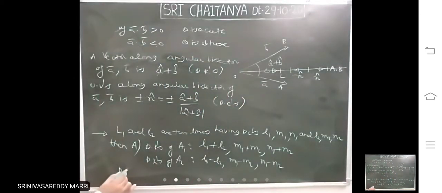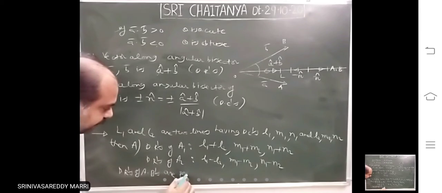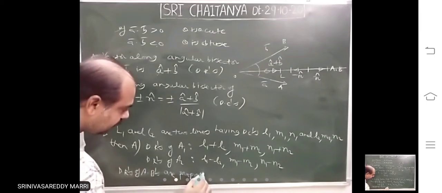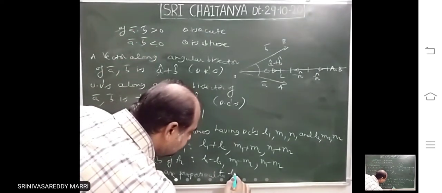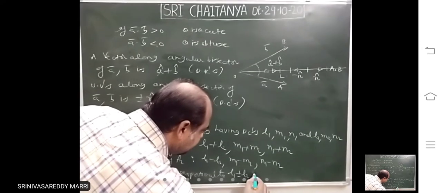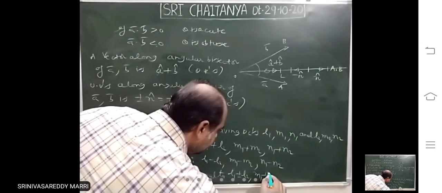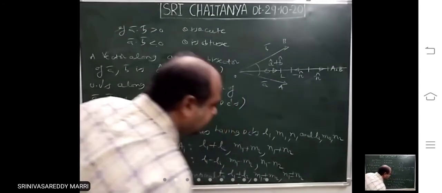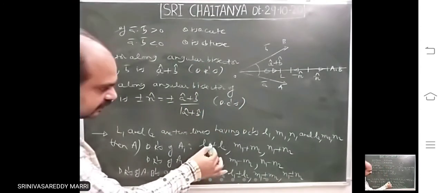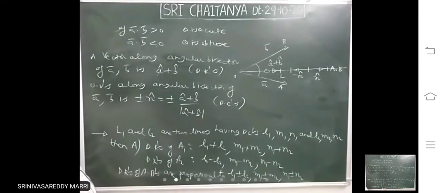Or otherwise we will say that the DRs of the angular bisectors are proportional to l1 plus or minus l2, m1 plus or minus m2, n1 plus or minus n2. Just simple. This one and this one, both I have written. If these are a, b, c, then DRs are lambda a, lambda b, lambda c.